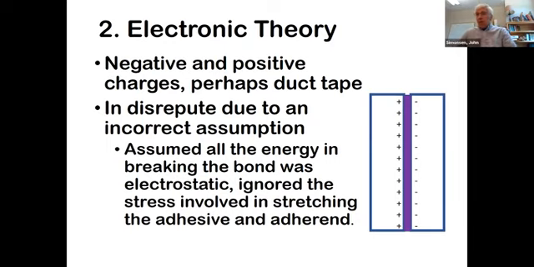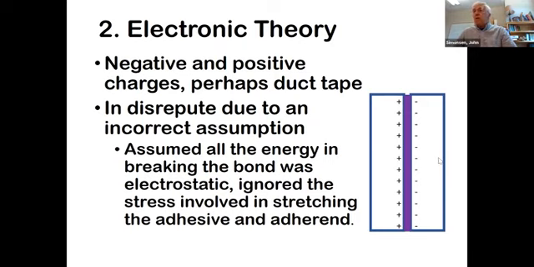What he forgot was that when you try to break this adhesive joint, you're pulling this way and this way. Maybe some of you have done internal bond experiments on wood adhesives. So when you're pulling this way and this way, you're also pulling on the substrate and it's bending.